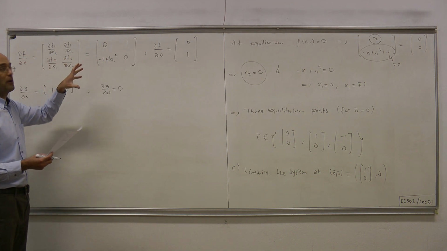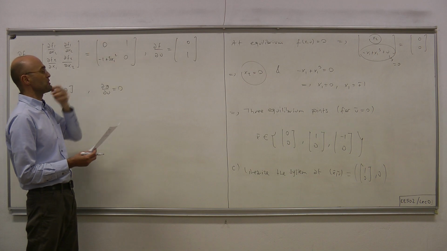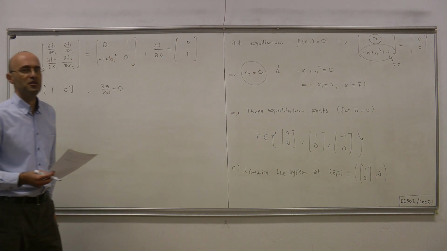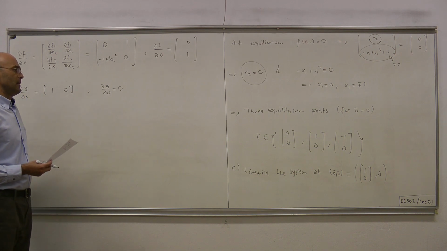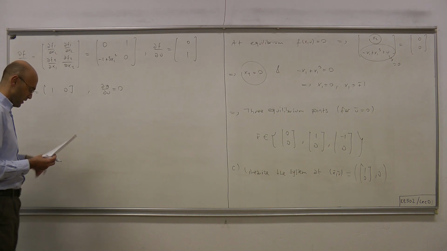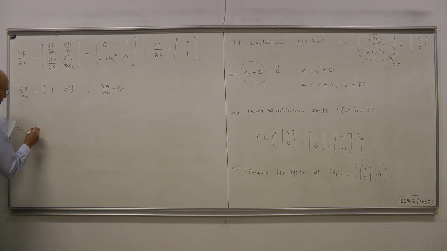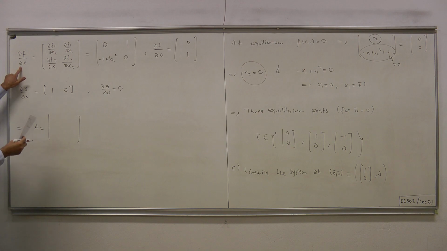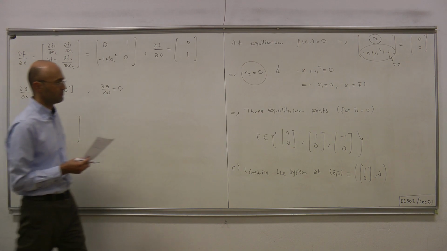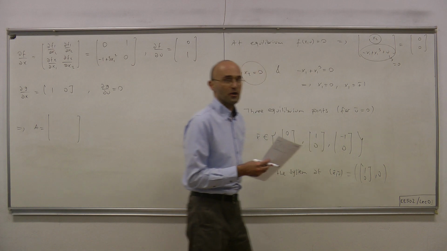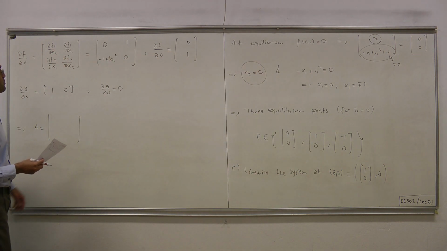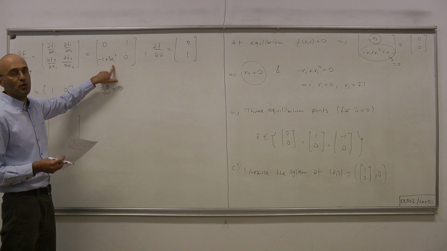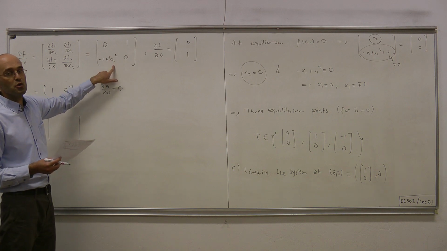Well, we have to evaluate those expressions at the equilibrium point in order to obtain the corresponding ABCD matrices for our LTI approximation. So that means the A matrix equals: take this and evaluate at 1, 0, 0. That is, plug in 1 wherever you see x1, 0 wherever you see x2, and 0 wherever you see u.